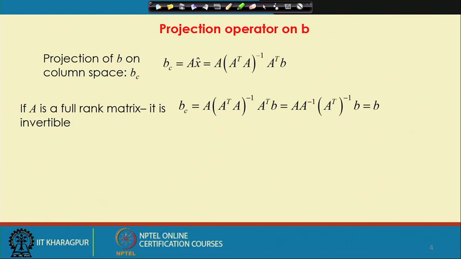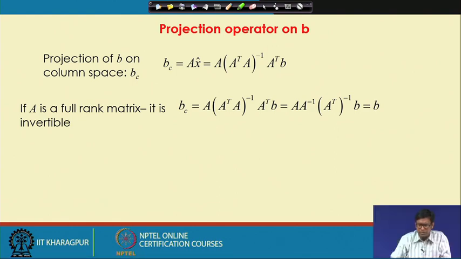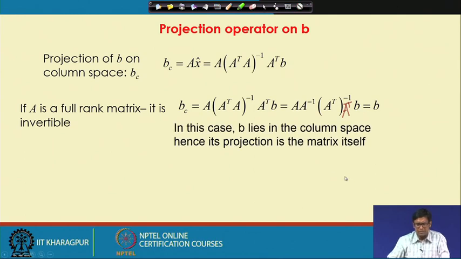So, we can write A into A inverse into A transpose inverse into A transpose, and this will give me B itself. So, if B lies in the column space, the projection is the vector itself.